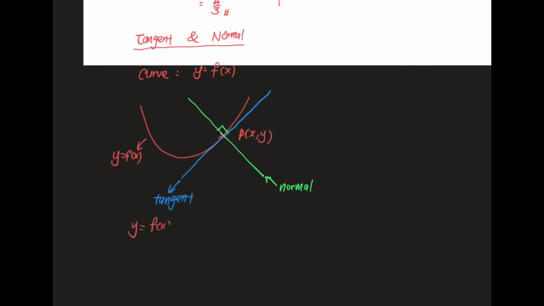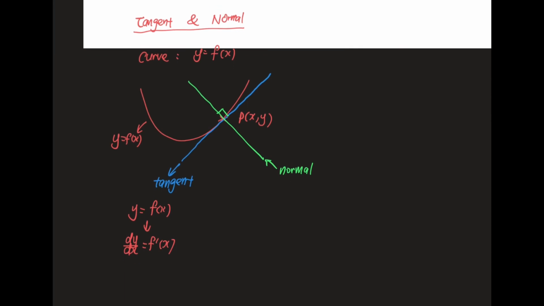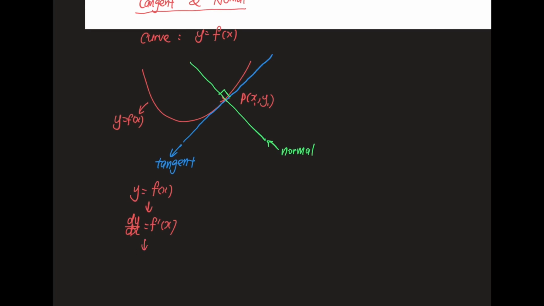Okay, so how to find tangent? You can see it in this way. You use y = f(x), then you do differentiation, dy/dx equal to f'(x). After that, let's say the point P here, I call it (x1, y1).